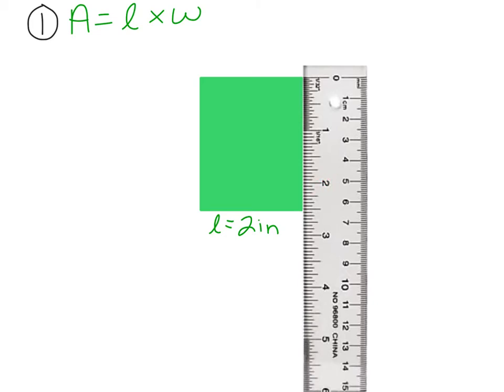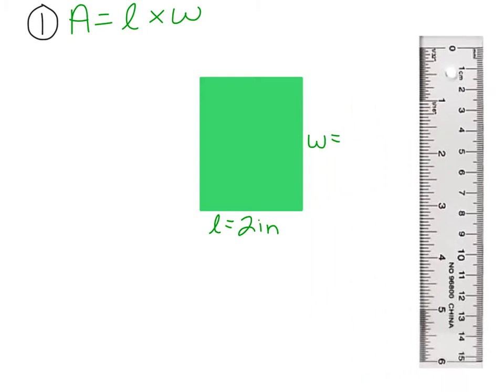Now this line is right between 2 and 3. I know the fraction right in the middle is 1/2. So it's 2 1/2 inches. Alright, move my ruler out of the way. So 2 1/2 inches.